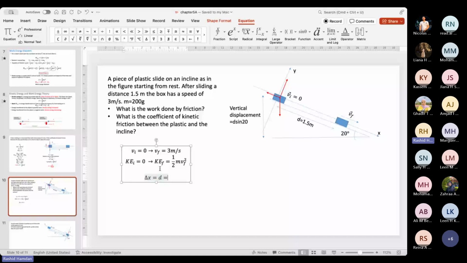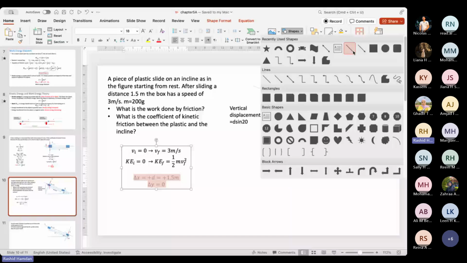So plus d, because I want to solve it in general. And delta y is 0. You might ask me, how did I know delta x and delta y? I'm choosing the x-axis and the y-axis. And what am I doing here? I'm choosing the x-axis in the direction of motion. So I chose this x-axis like this, down the incline.